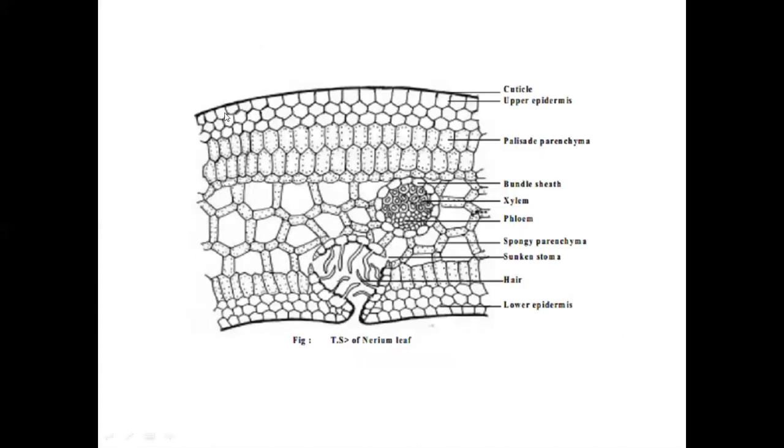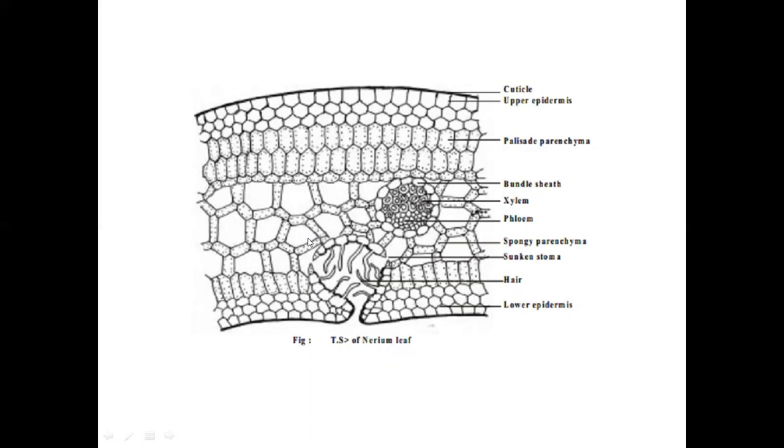So now we see the transverse section of the Nerium leaf here. This is the upper surface of the leaf and this is the lower surface of the leaf. Here on the upper surface we see several layers of the epidermis. This is called multiple epidermis. So it protects the leaf from water loss. And here we see the mesophyll is differentiated into palisade parenchyma and also spongy parenchyma.